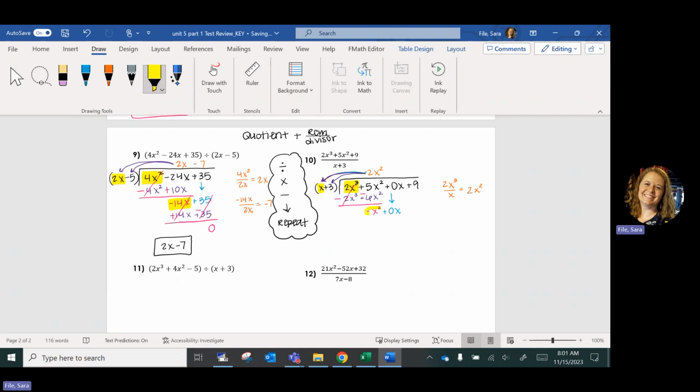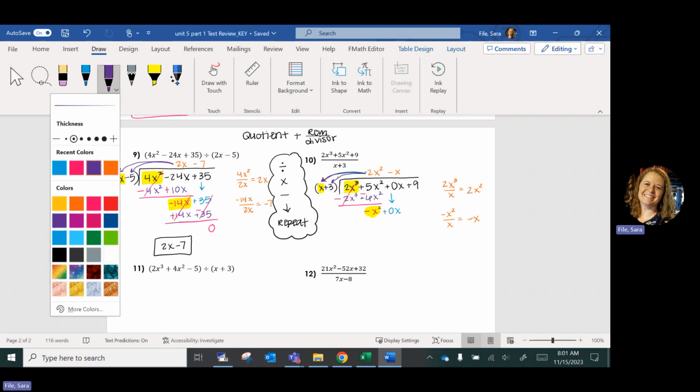So now I'm starting with negative x squared. What is negative x squared divided by x? It's just negative x. So I put minus x. And notice it has to line up over the x term. If I didn't have my placeholder there, I'd be kind of messed up. So I've got negative x, and I'm going to distribute.